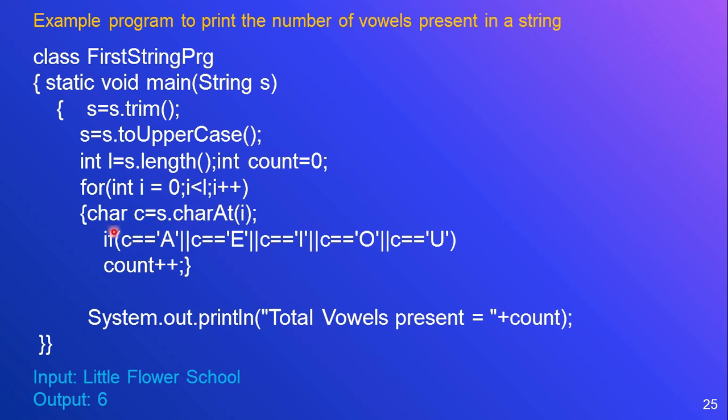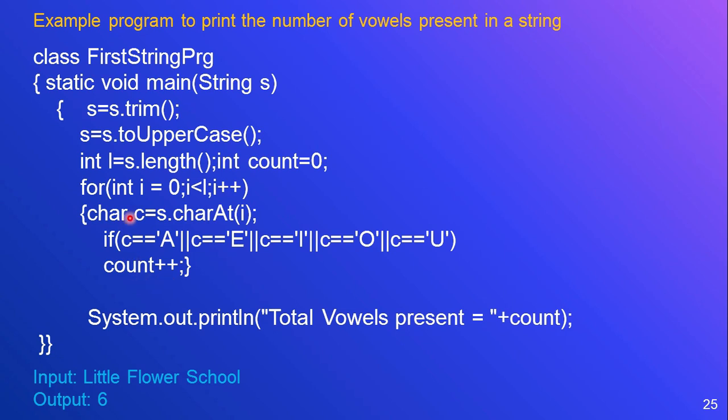Coming over here, s dot charAt(i) means the second index position, the character present is M. Now checking M. It is converted to uppercase, so capital letter M is equal to A, no, E, no, all these will be checked and you will get false. So the counter won't be increased over here.